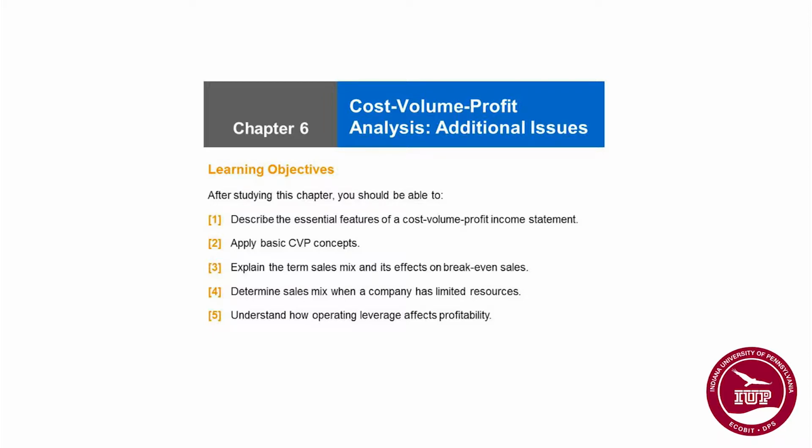So if there is more than one product in the sales mix, how do we compute the break-even point? Also, we will see the impact of sales mix when a company has limited resources, and the impact of operating leverage and the cost structure on profitability.